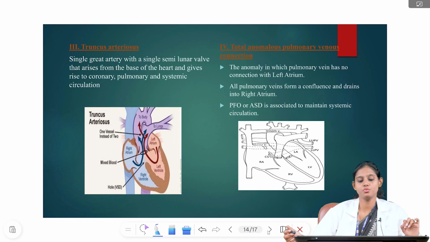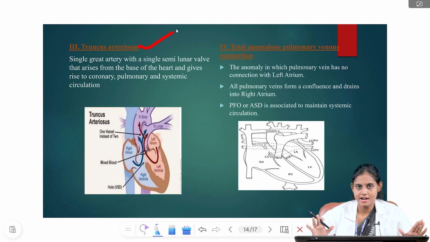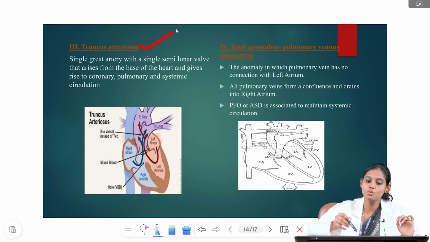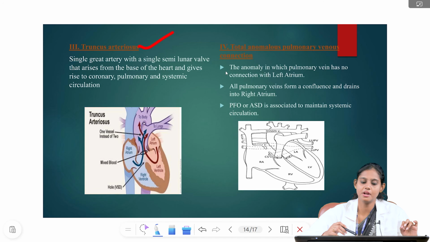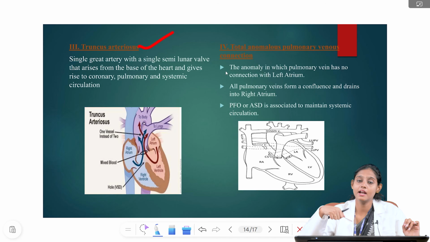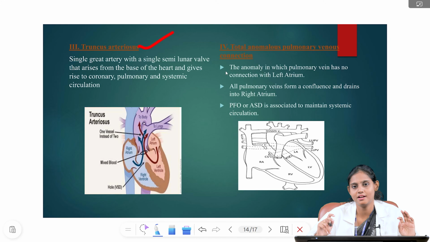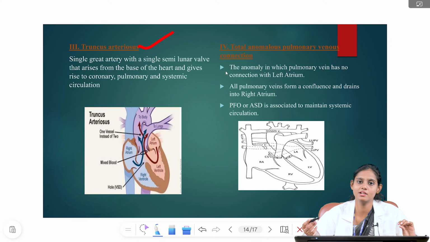Next, we'll look into truncus arteriosus. A single great artery with a semilunar valve arises from the base of the heart and gives rise to the coronary, pulmonary and systemic circulation. We all know we have two great arteries, one is aorta and another one is pulmonary.